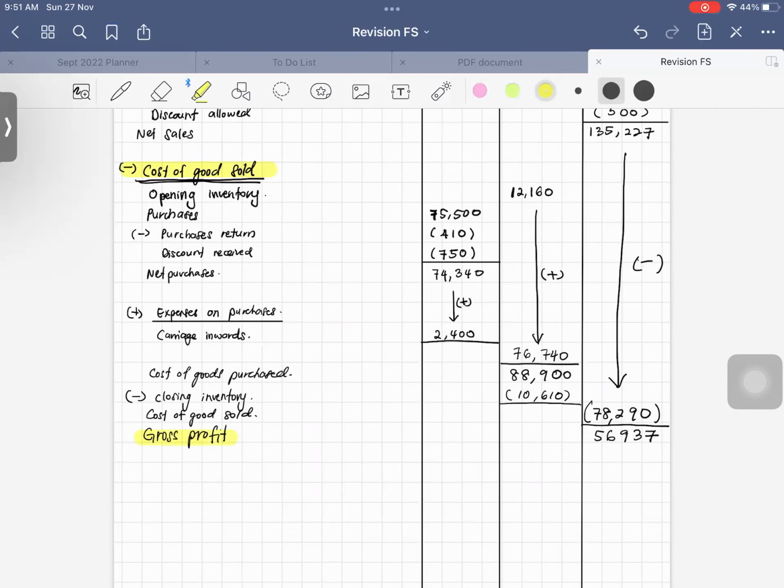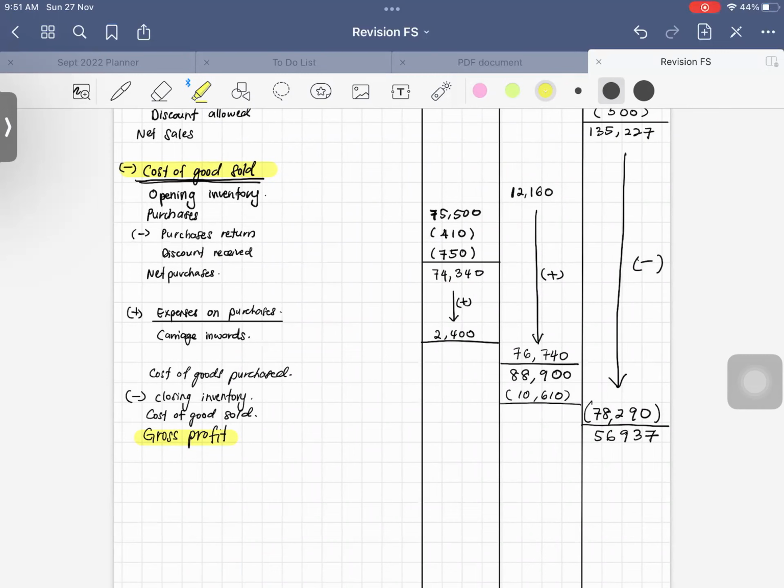Okay, gross profit. Kalau dia positive figure, meaning after you minus, you dapat positive value, macam ni lah 56,937. So, if it is positive figures, it is your profit. Kalau once you minus net sales with your cost of goods sold, you dapat negative figure, that one is your gross loss.